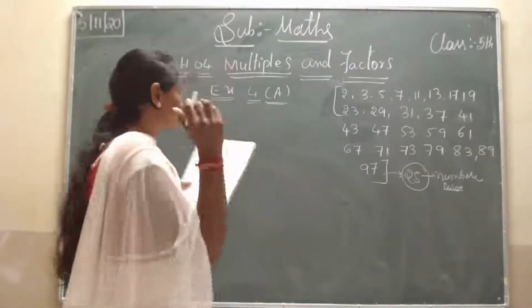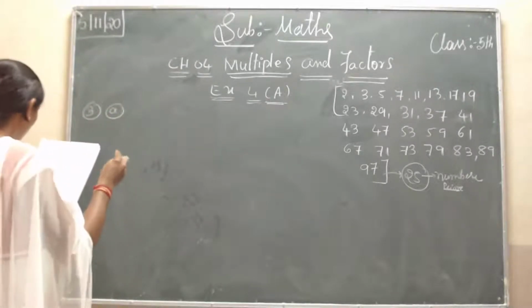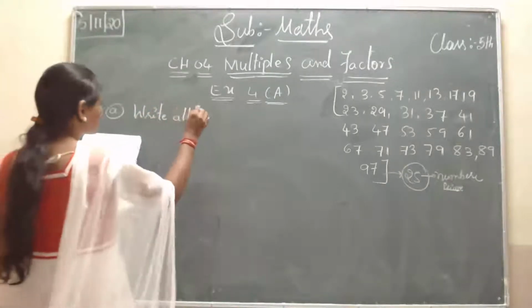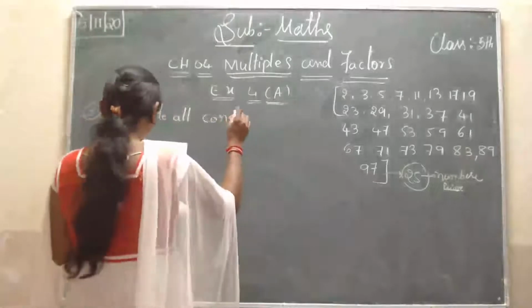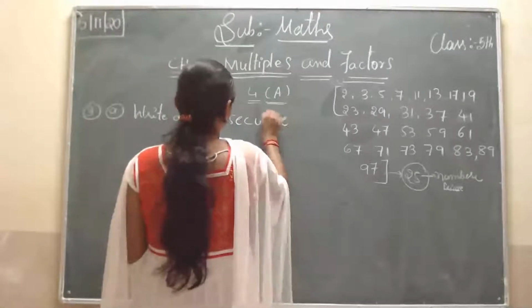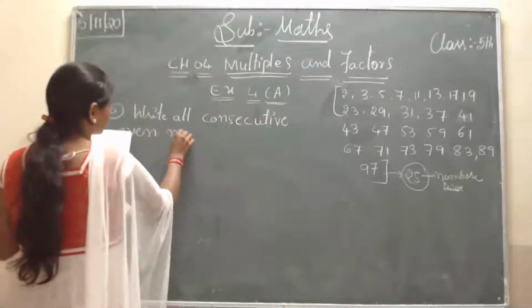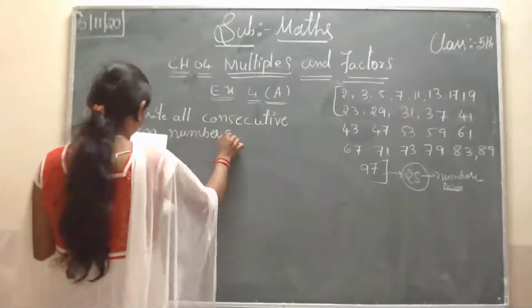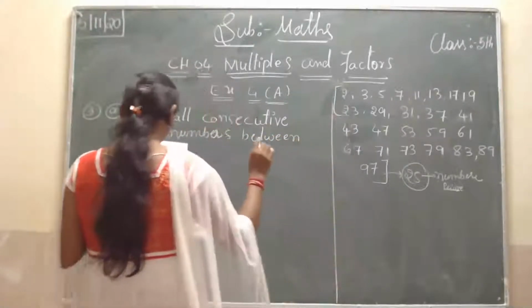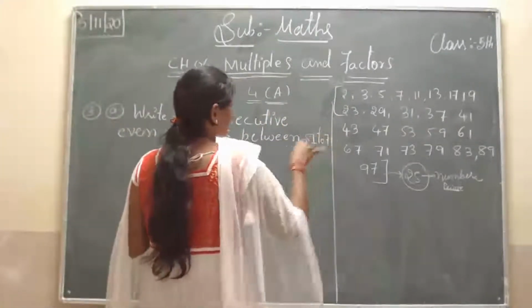Can you observe, students, in the third question, A1: write all consecutive even numbers between 51 and 71.